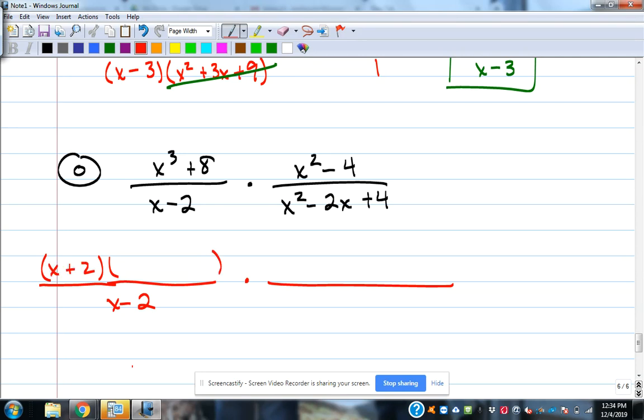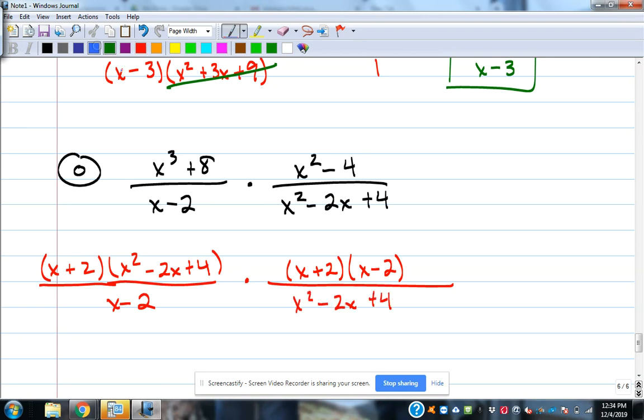Good. Good job. And then the top part of the second fraction is the difference of squares. x plus 2, x minus 2. Oh, yeah, it doesn't even matter what happens on the bottom.